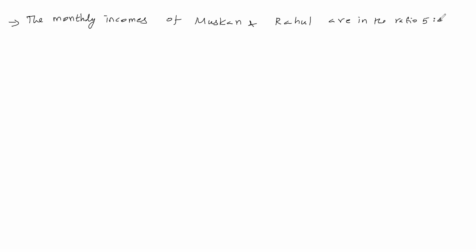Okay, let us go for the next sum. The monthly incomes of this person and Rahul are in the ratio 5:4, and their monthly expenditures are in the ratio 3:2.